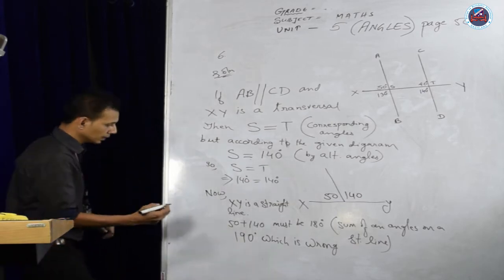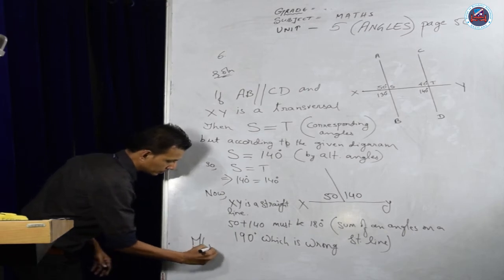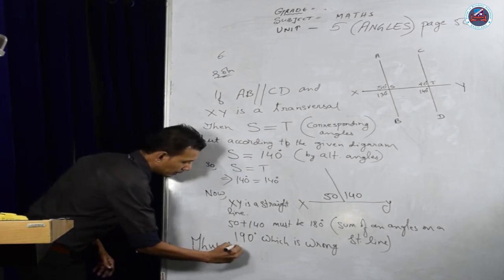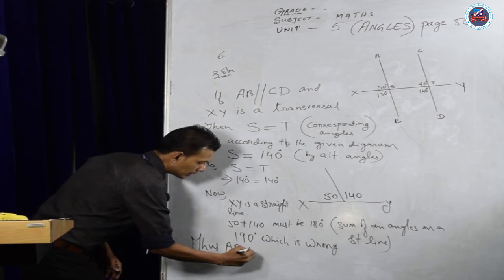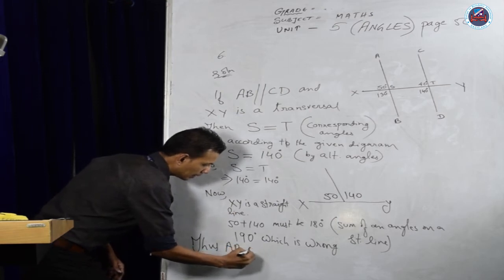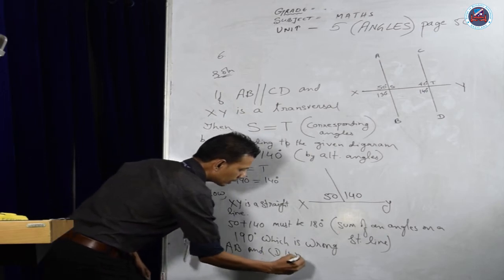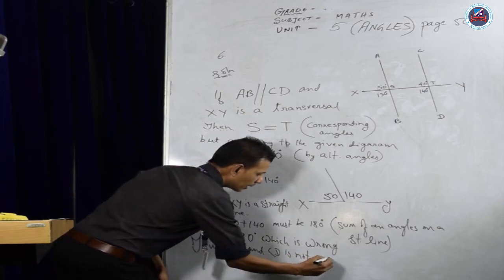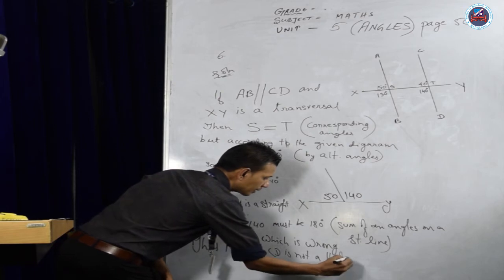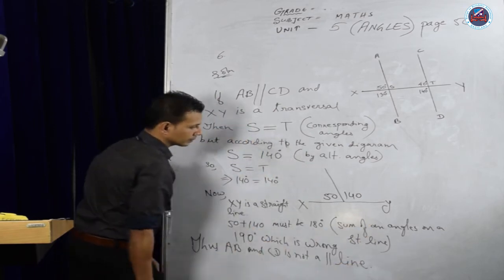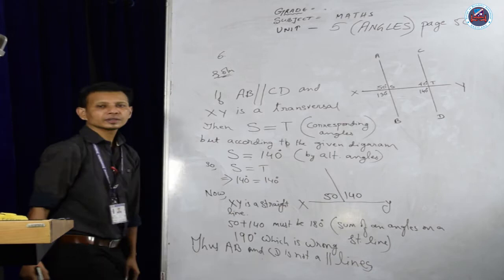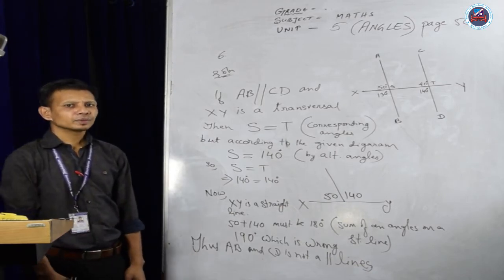Never. Thus, AB and CD are not parallel lines. That's it. We have proved.